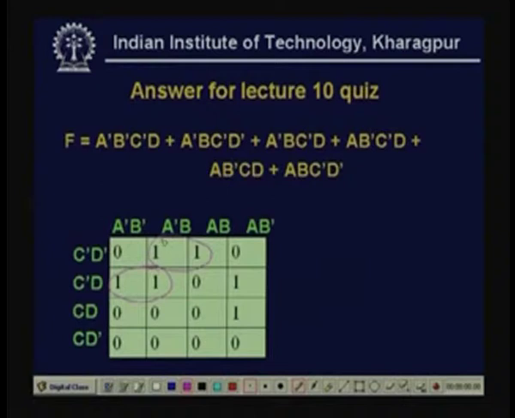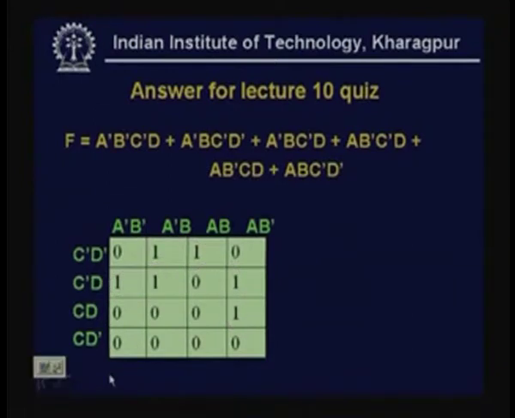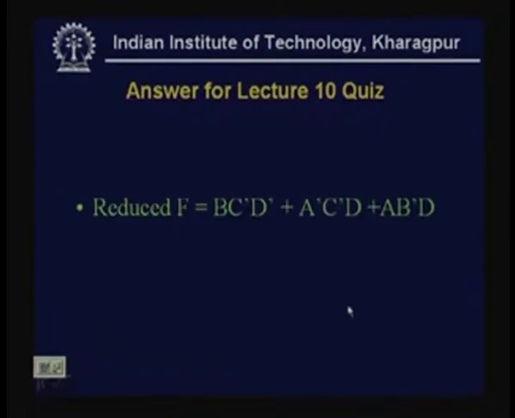So, this is actually a redundant one. We can easily reduce it, and that is why there are only 3 terms, and this term is A B dash D. So, we got the expression A B dash D, and for the previous 2 couples B C dash D dash plus A dash C dash D.